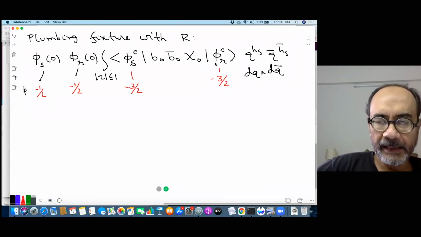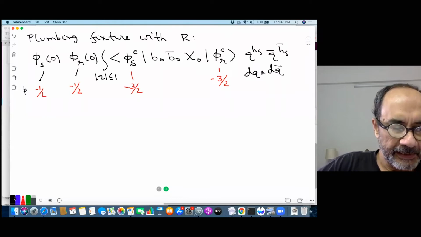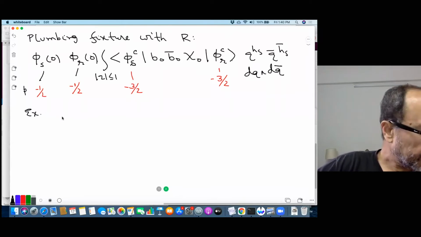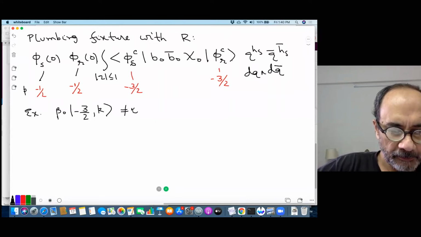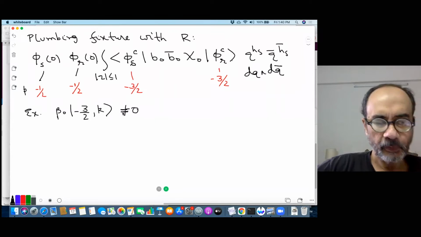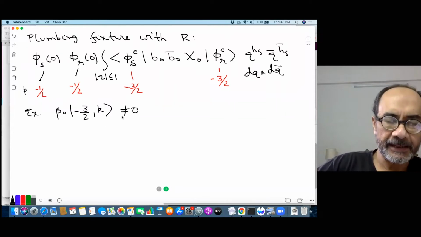Now you can easily convince yourself, and this I'm leaving as an exercise, that beta 0 acting on minus 3 half, with some momentum k, is not 0. This follows from the kind of analysis that I did earlier.